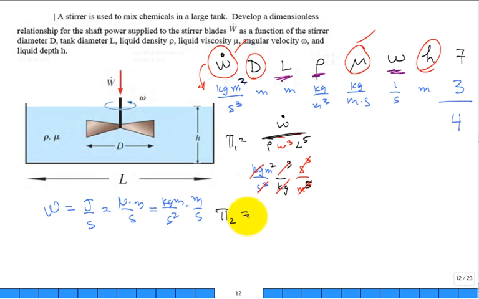The most complicated is mu. And mu, I work out units below, kilogram per meter second. Let's get rid of the kilogram by dividing by density. If I divide by density, then I have kilogram per meter cubed. The kilograms are gone. And I have meters squared.